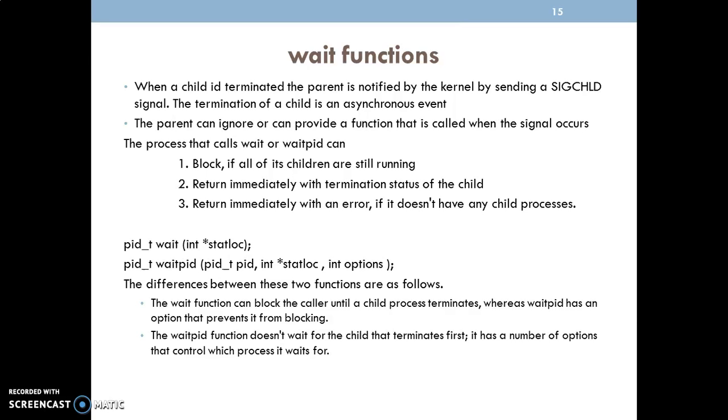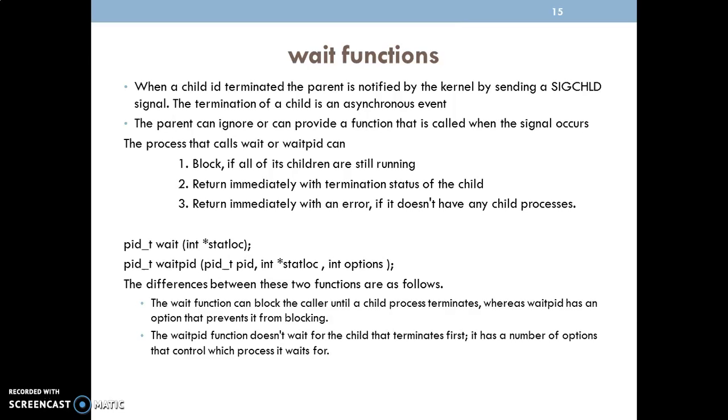It can respond in three ways by calling wait or waitpid. It will block, meaning the parent process will be blocked if all of its children are still running. I mean the child processes are still running. In that case the parent process will be blocked. Second, return immediately with the termination status of the child process. That means the child is already terminated, so the parent directly retrieves the termination status.